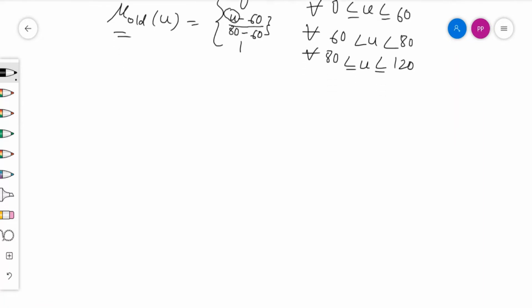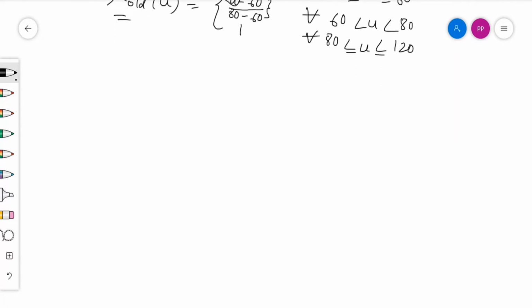So first I will start with the case of temperature range from, say, minus 20 degrees. We say U is a set of temperature range from minus 20 degrees to 60.